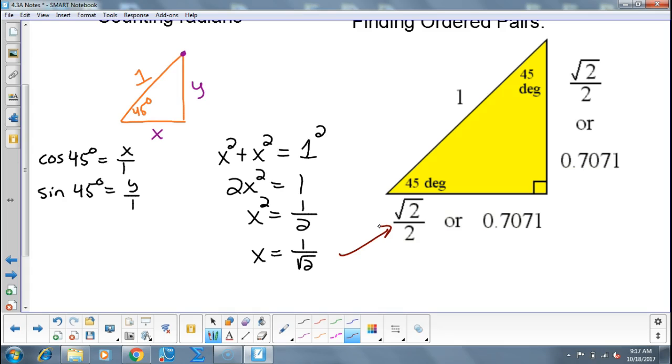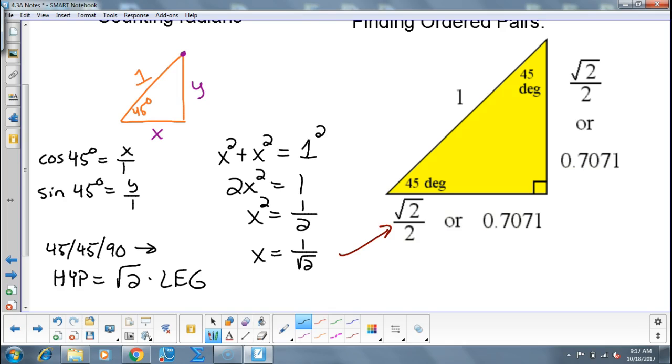The last way is you had to remember back when you were in geometry. Okay? And the formula, the shortcut, if you will, is that in a 45, 45, 90 triangle, the hypotenuse is equal to the square root of 2 times a leg.